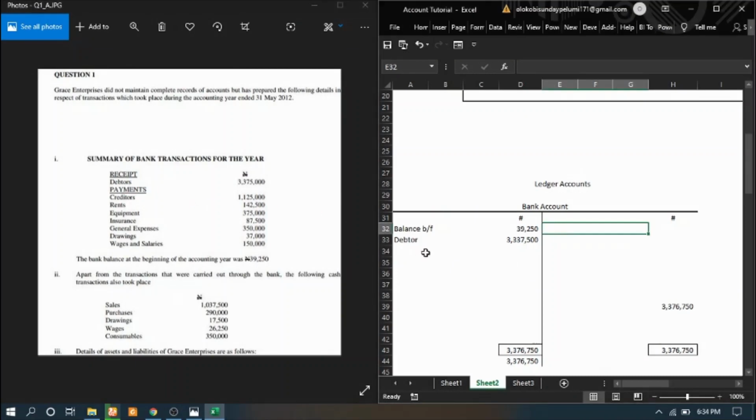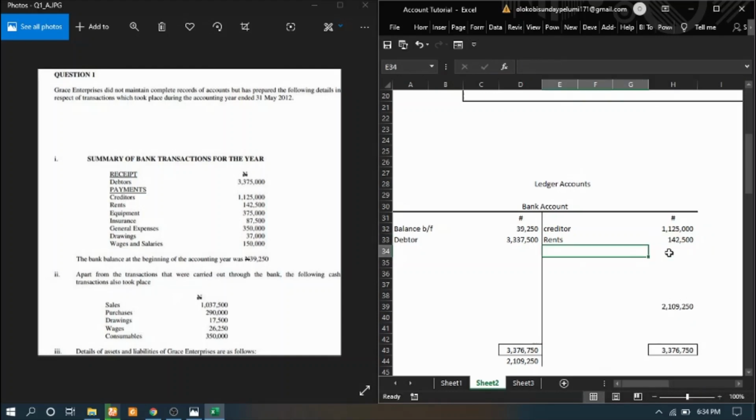Our debtors is this. So we have creditors now as the payments. I hope you can see it. The creditor is 1,125,000. So other payments, we have rent. So rent is 142,500.